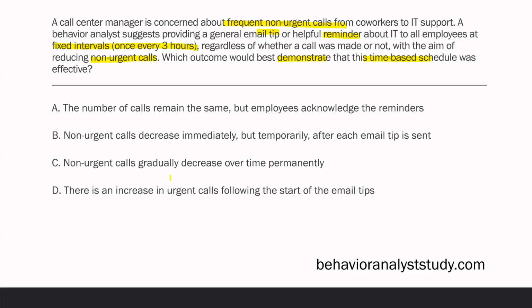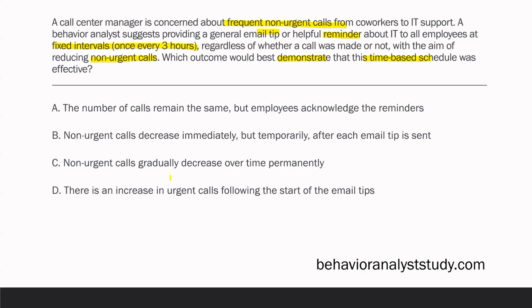C, non-urgent calls gradually decrease over time permanently. Yeah, C is going to be better than B. We don't want just that immediate decrease that is temporary. We would like to see a permanent change. Now, with an antecedent strategy, where we're manipulating MOs, yes, typically that's going to be a temporary shift.